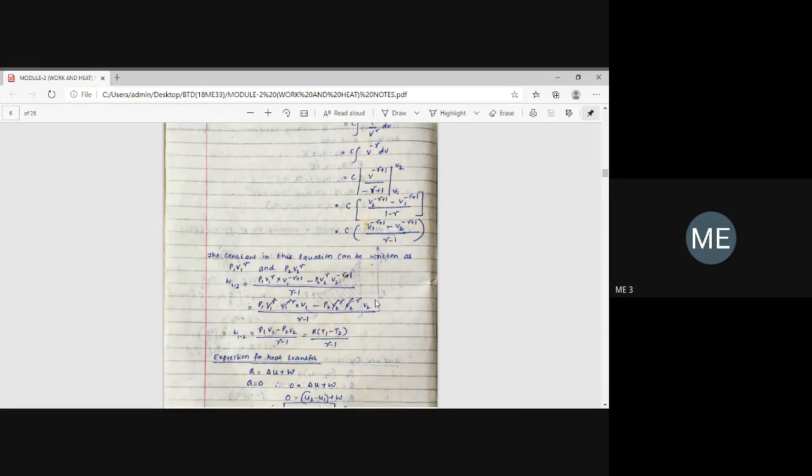Okay, C into V1 to the power of... here I am changing the sign. So what will we get? V1 to the power of minus gamma plus 1 minus V2 to the power of minus gamma plus 1, divided by gamma minus 1. After substituting the value, C is nothing but V1 to the power of gamma, since V1 is there.